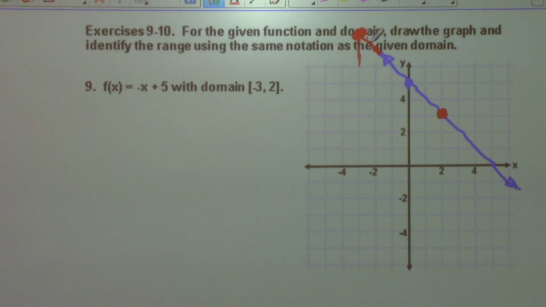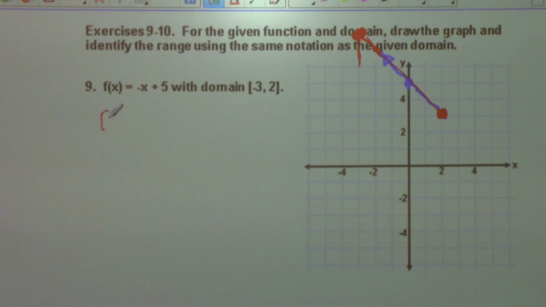It's going to be this interval right in between. And then, are we going to have this piece here? No, we're not, right? So it's just going to be this piece right here. So that's the graph of this.